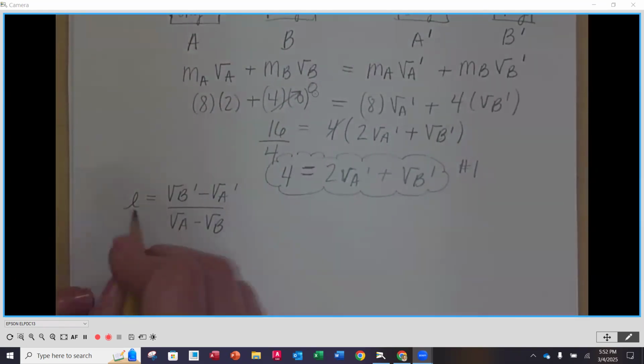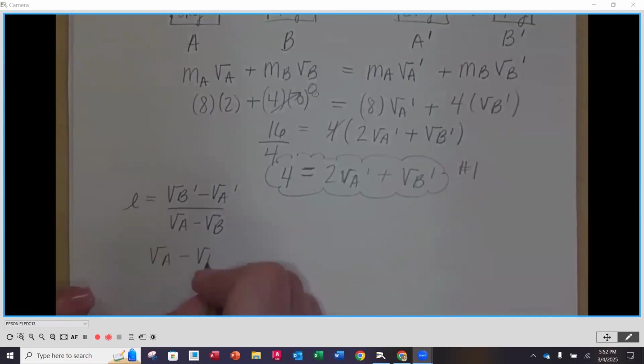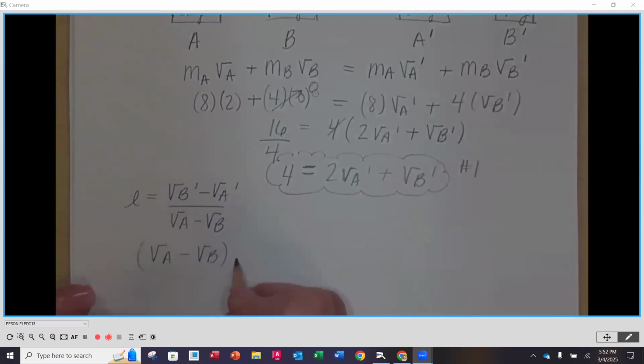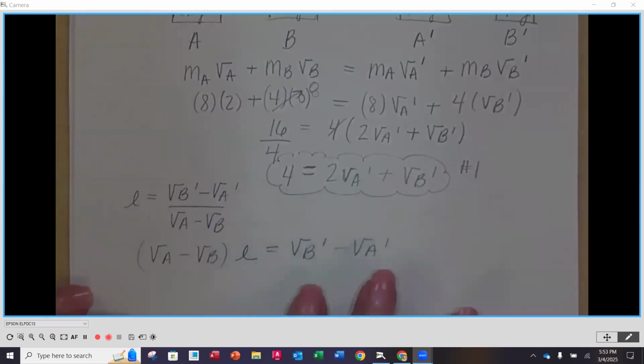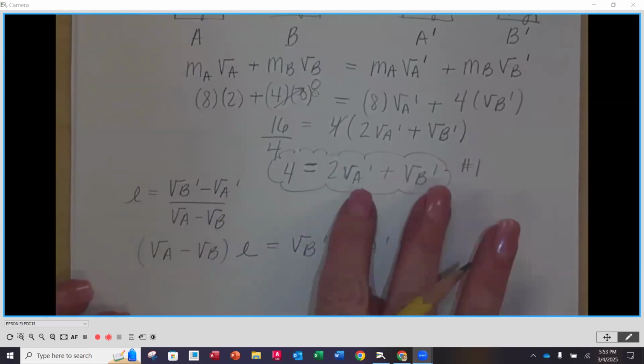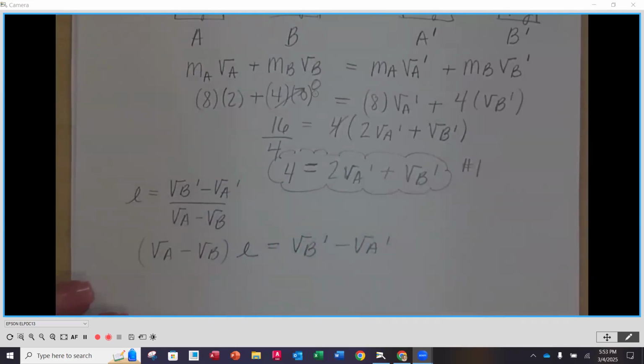If I multiply VA minus VB to the other side, I can say that VA minus VB, in parentheses, multiplied by our coefficient of restitution, is going to be equal to VB prime minus VA prime, which are the 2 unknowns that we have up here as well. So this provides us with a way that we can have 2 equations with the same 2 unknowns.